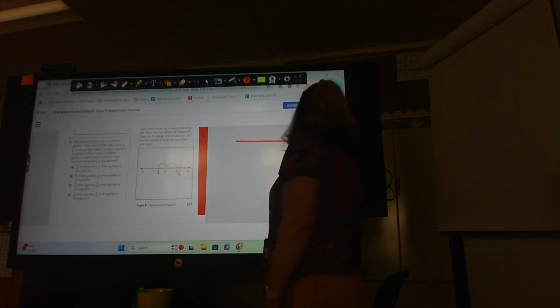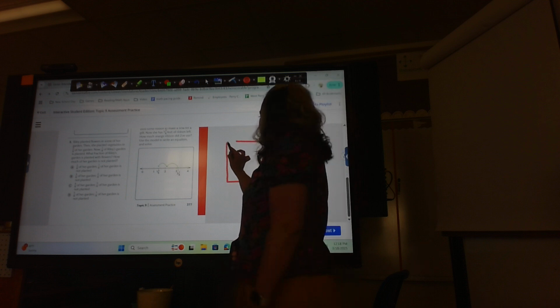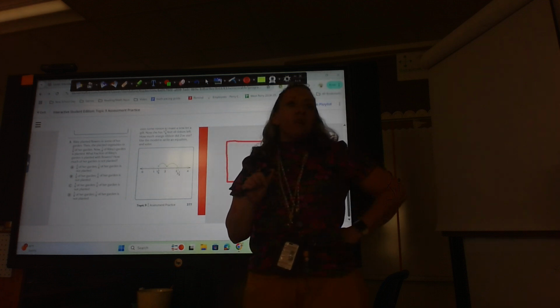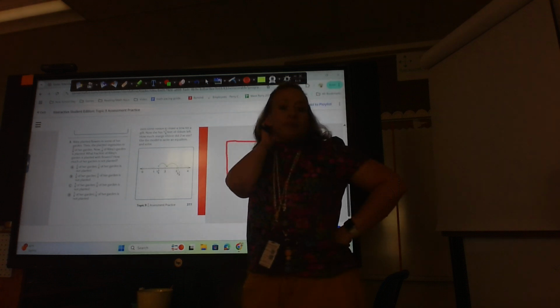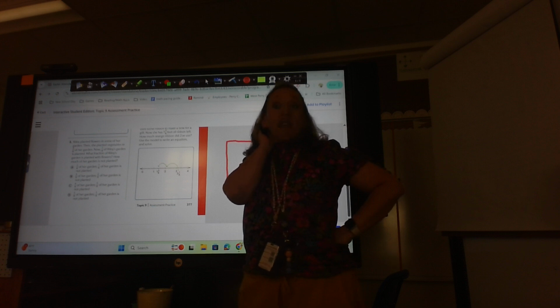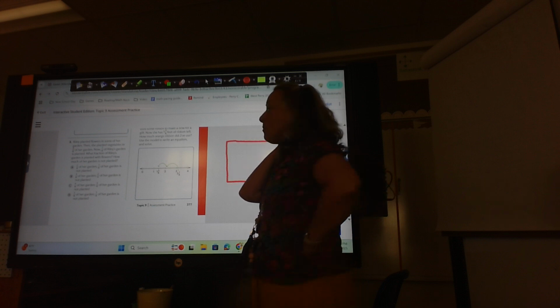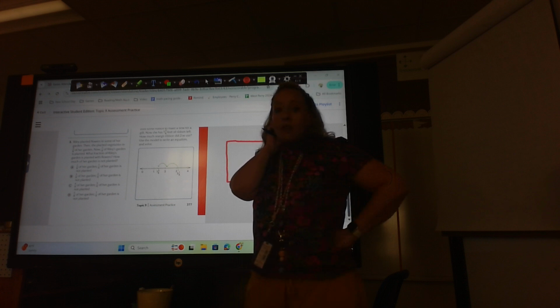Now, what denominator are we working with in this word problem? No, tell me, what denominator are we working with? What number is on the bottom? Yeah, 8, right?